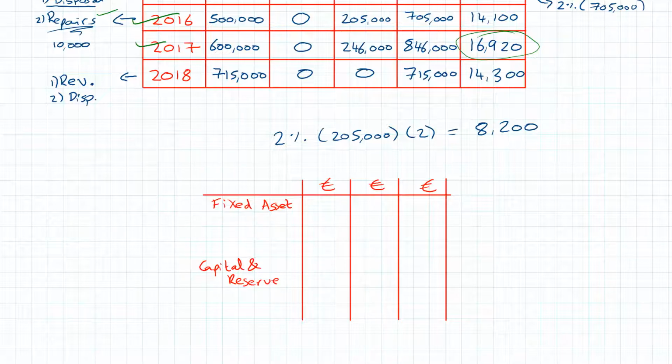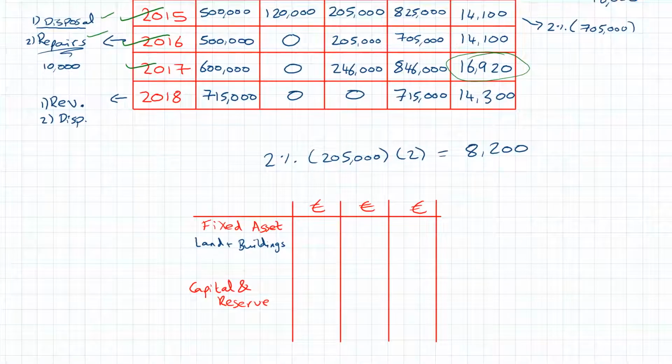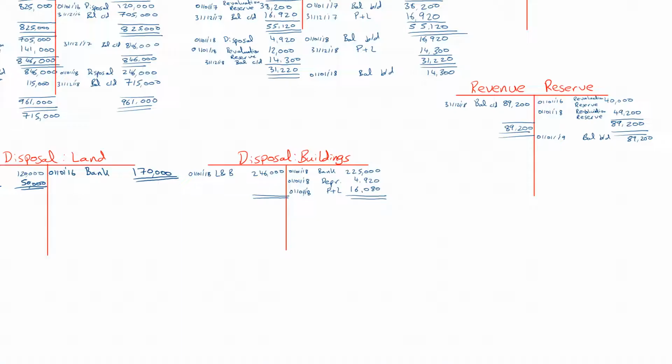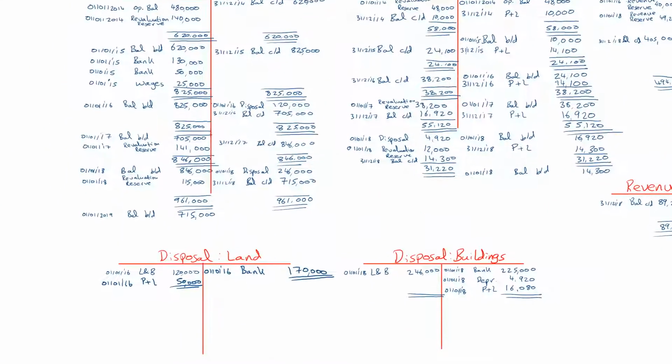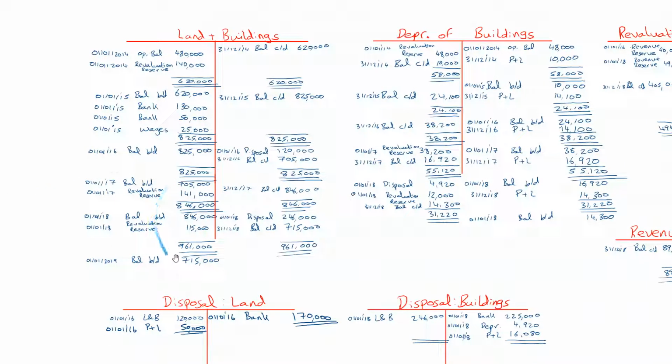So part of our fixed assets are land and buildings. So at the moment, we now have 715,000. If you go over to our table, we can see our land and buildings.